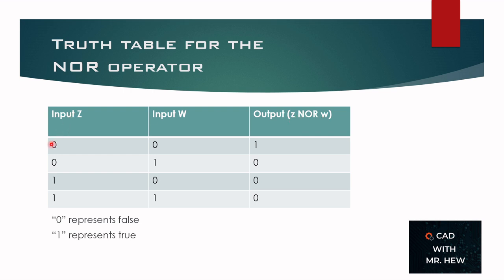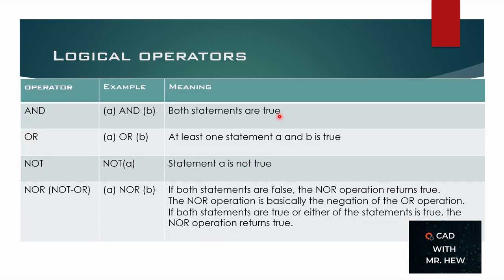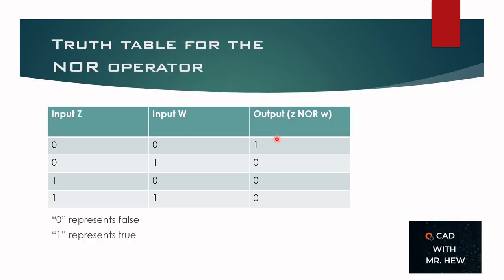So if we have the input being 0 for Z, the input being 0 for W, the output, based on what I explained in the previous slide, would be 1. So here we have another scenario. We have 0 as the input for Z, 1 for the input for W, and the output for Z NOR W would be 0.